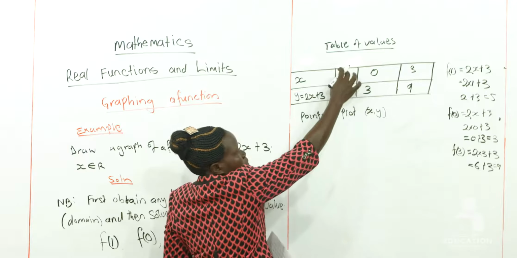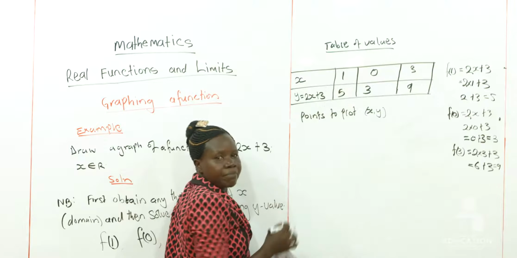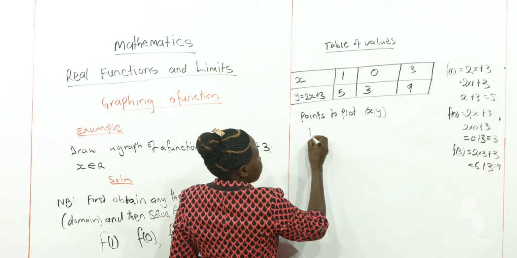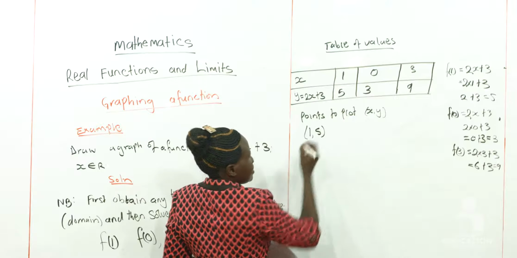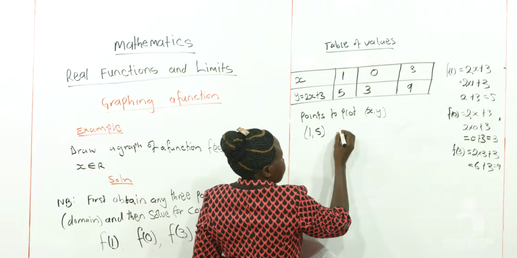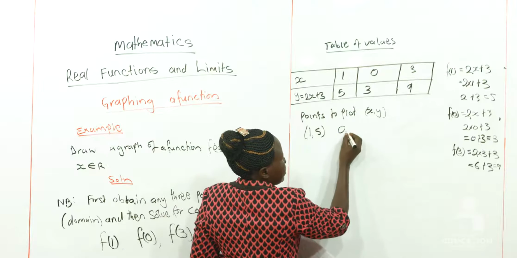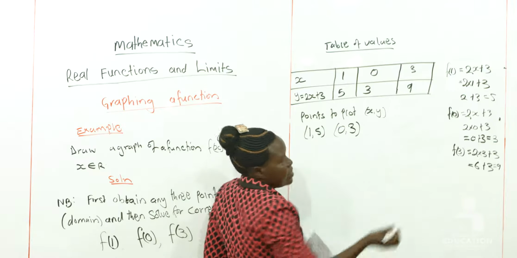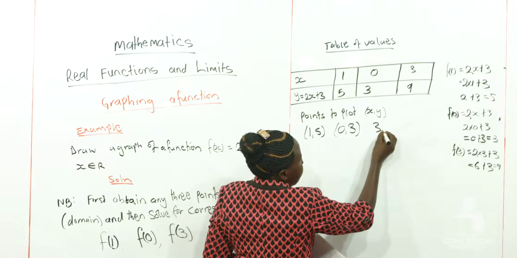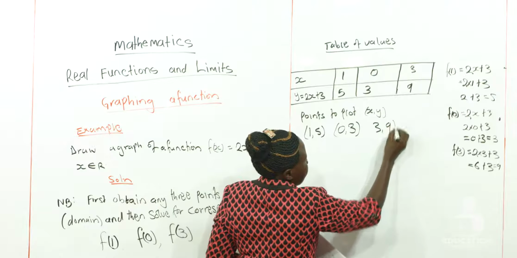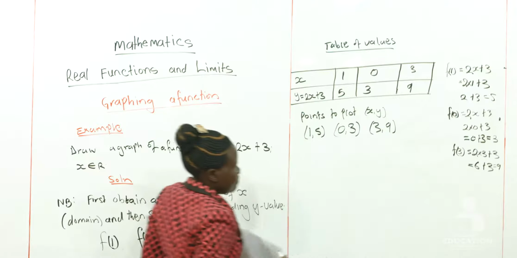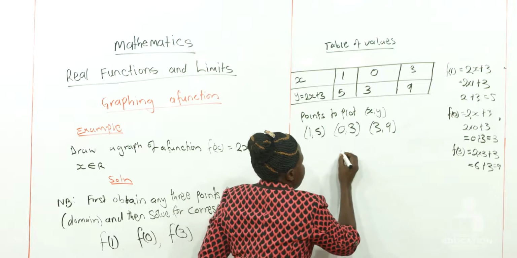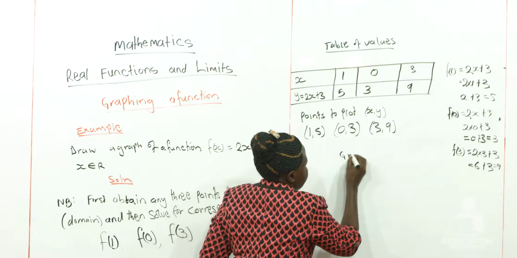So you correspond these points on the table: the first one we have 1 and 5 on the x, y axes, and then 0 on the x-axis and 3 on the y-axis, and then we have 3 on the x-axis and 9 on the y-axis. So after that, you can now draw a graph.